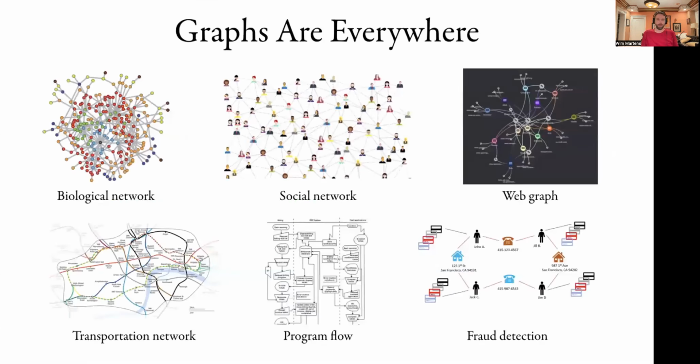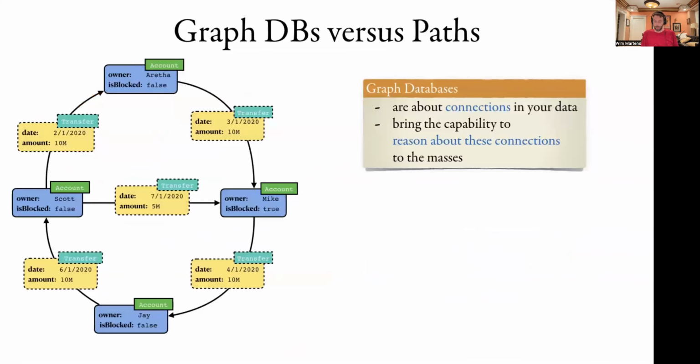So graphs are really everywhere, right? All kinds of networks can be seen as graphs. The web is a graph, program flow is a graph, and if you take financial transactions, then graphs are also very interesting for fraud detection. And graph databases are about querying these graphs, right? And one thing that graph databases are really good at is reasoning about connections in your data.